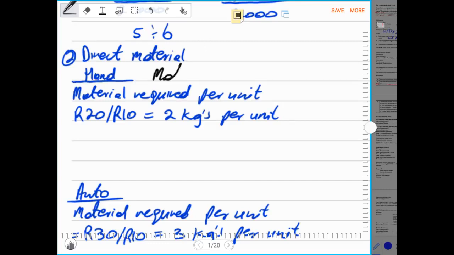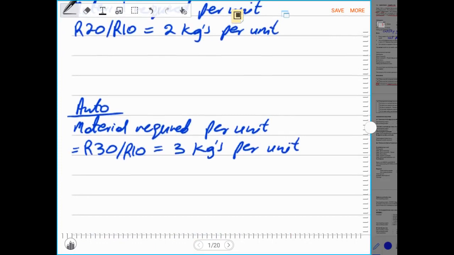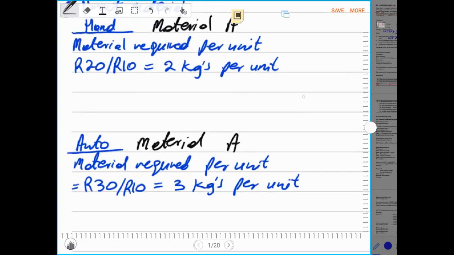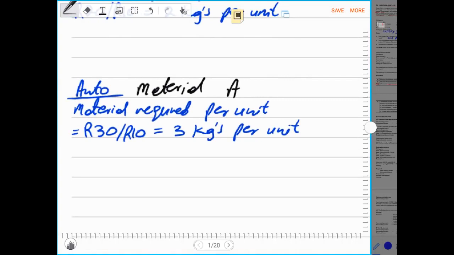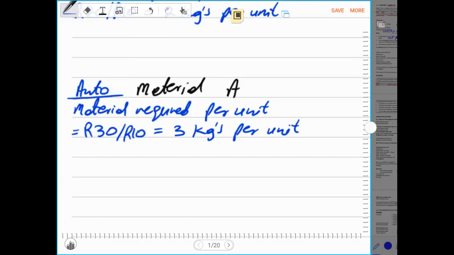Then this must have been material A. Then we go and we do material B separately. Then now we will have to calculate the same thing, which is under material B.